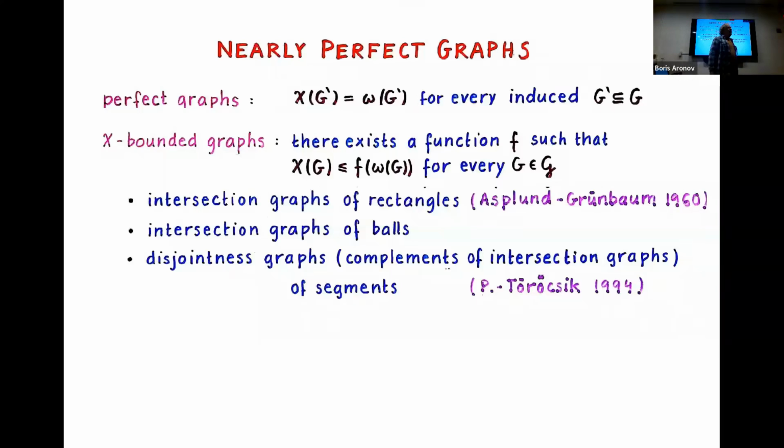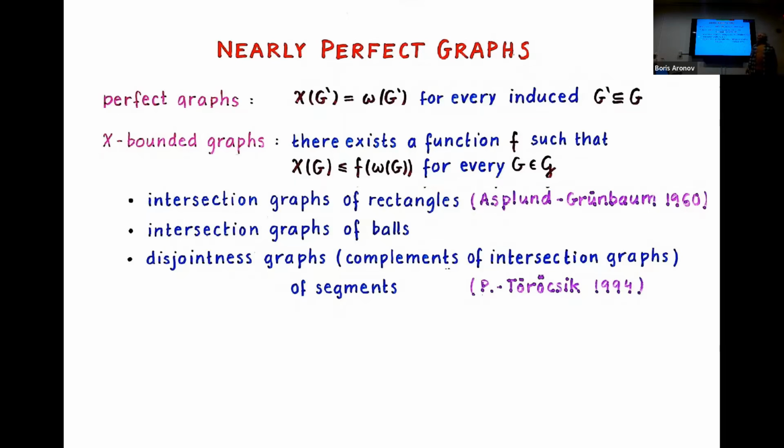So, okay, most graphs are not perfect, but perhaps many of them are nearly perfect. So what does it mean that they are nearly perfect? For perfect graphs, the chromatic number and the clique number are equal.